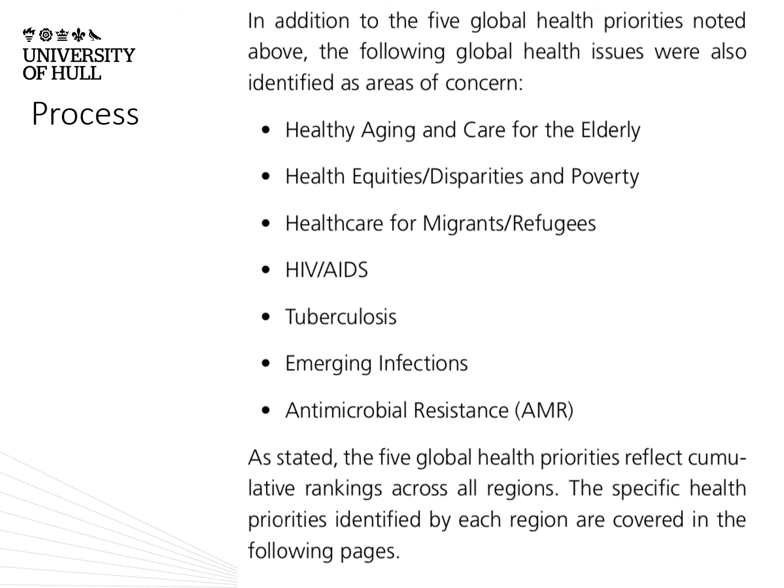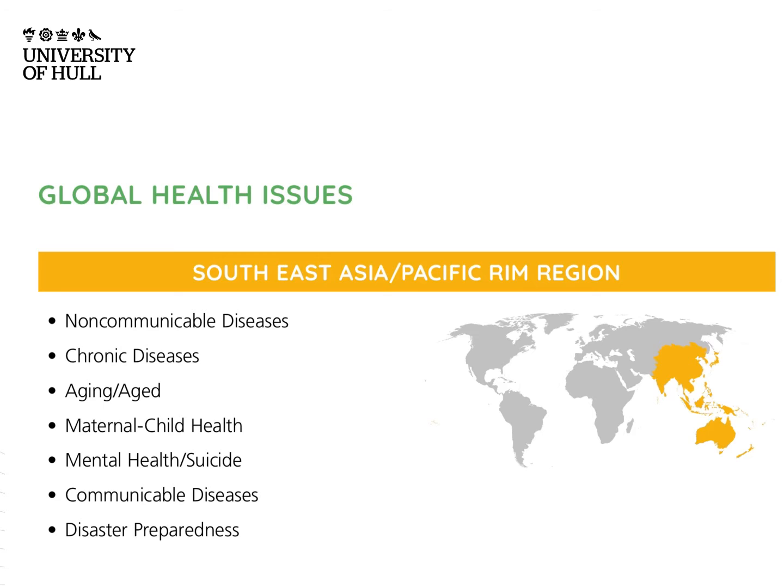So next, the priorities in the various regions. In the Southeast Asian Pacific Rim region, which of course includes China, and this is not in any particular priority, these are just the order in which we presented them, we found that non-communicable diseases were the most important issue here, followed by chronic diseases, aging, maternal health, mental health, then communicable diseases and disaster preparedness.